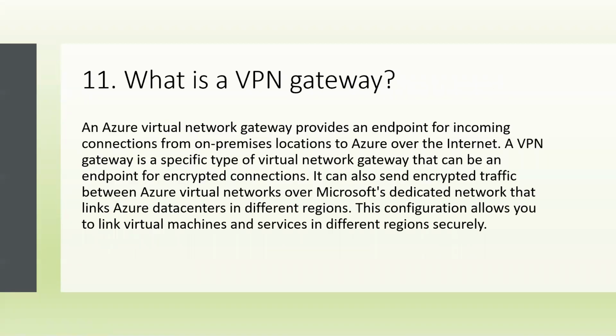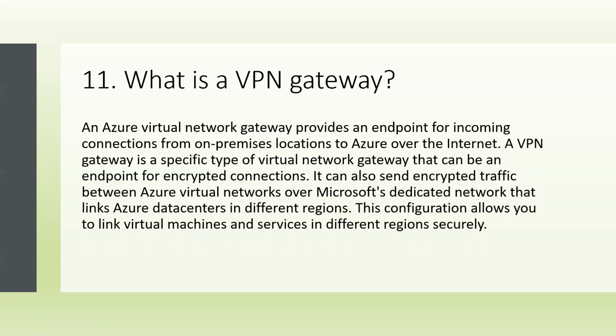What is a VPN gateway? A VPN gateway is a specific type of virtual network gateway that is used to send encrypted traffic between an Azure virtual network and an on-premises location over the public internet. You can also use a VPN gateway to send encrypted traffic between Azure virtual networks over the Microsoft network.